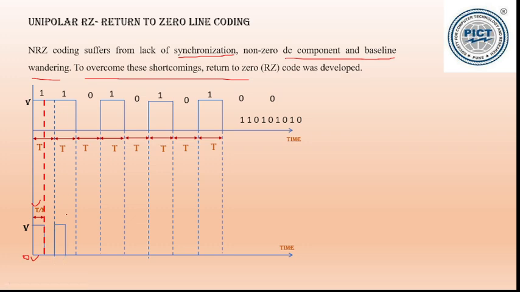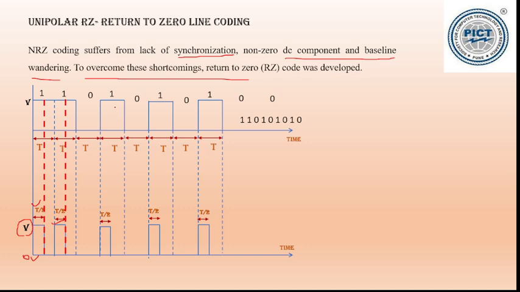Again the next 1 bit is represented for half of the time period, and it is returned to 0. This one is also represented, this one is also represented. So all the 1 bits are represented for t by 2 seconds as plus V volt, and then it is returned to 0. That's why the name is given as return to 0 line coding.